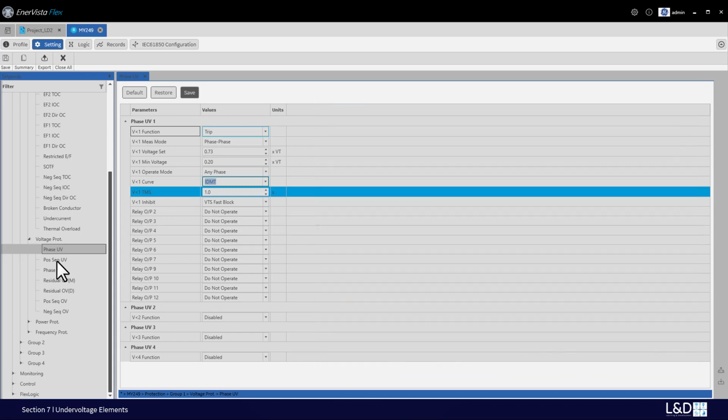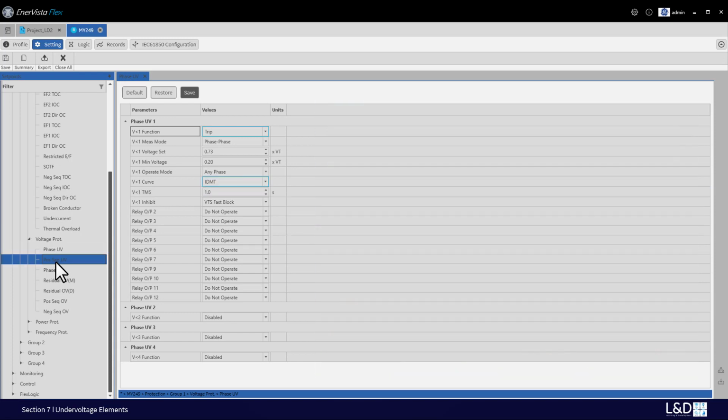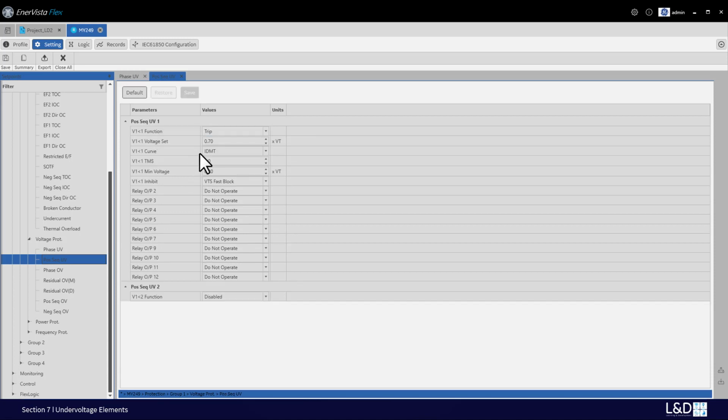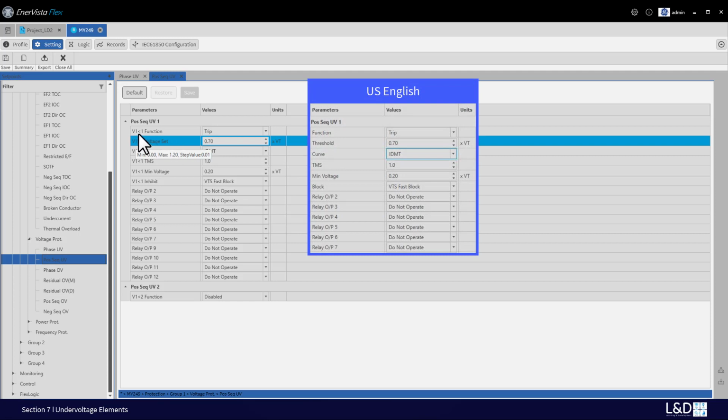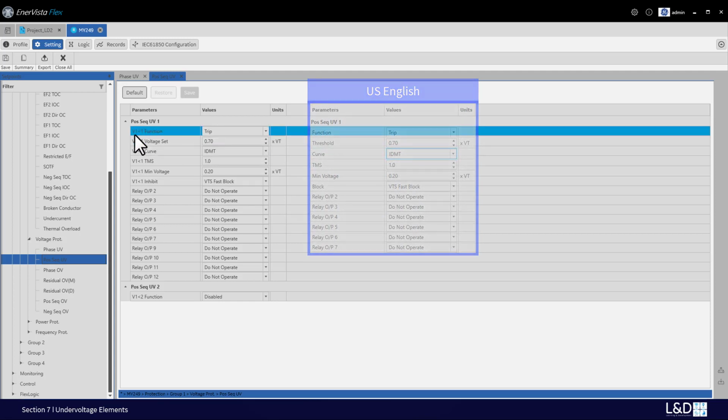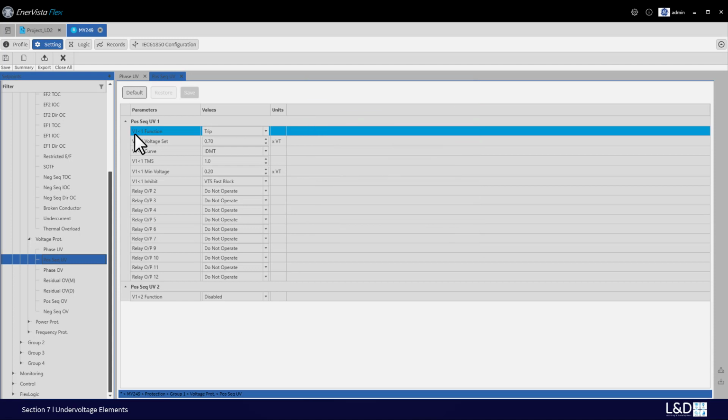Next, positive sequence undervoltage. It's similar to the phase undervoltage. The only difference is that the input is not from the VT, but it's a calculated positive sequence V1. And this V1 was introduced in the Fortescue equation.